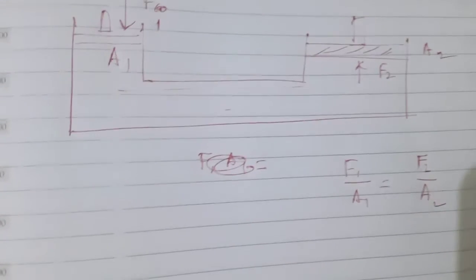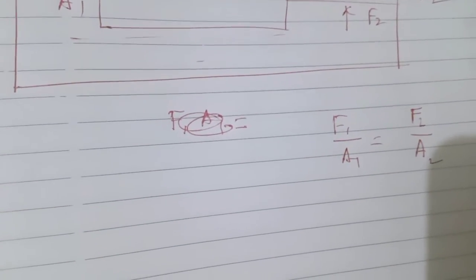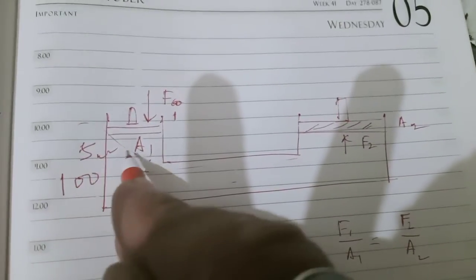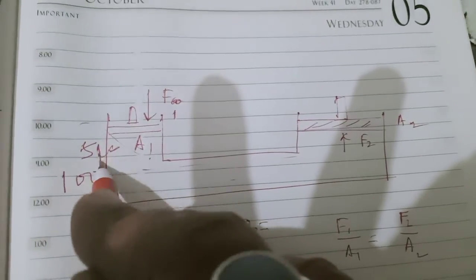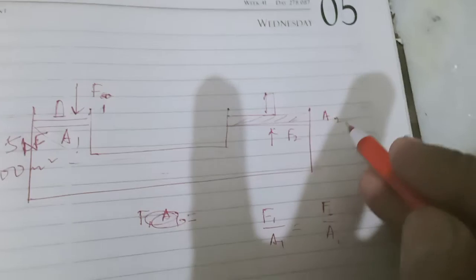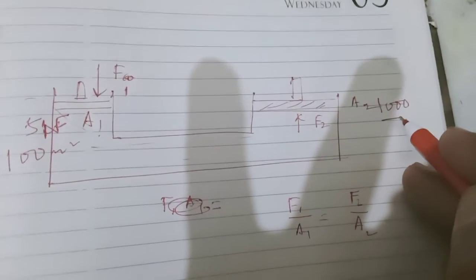Now, how can you say that the force has been multiplied by the machine? Let us consider a figure here. Let the force be 5 Newton and the smaller piston area 100 meters square, and the bigger piston area 1000 meters square. What will be the force per unit area?